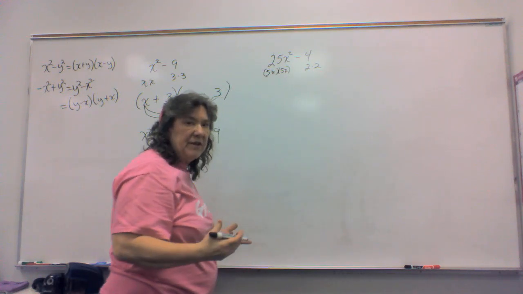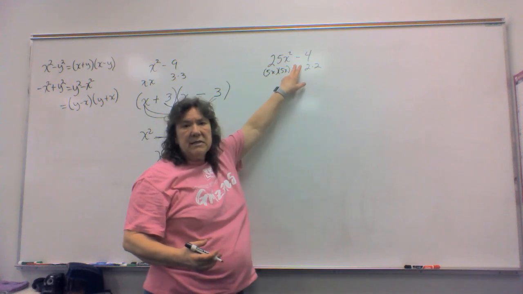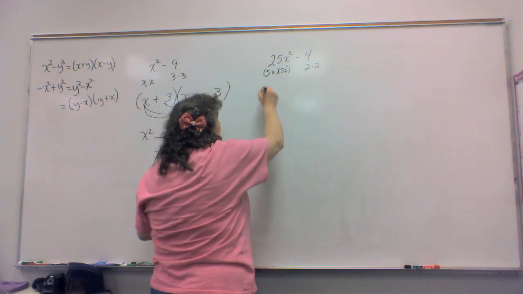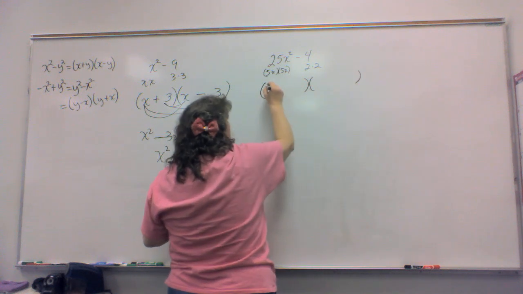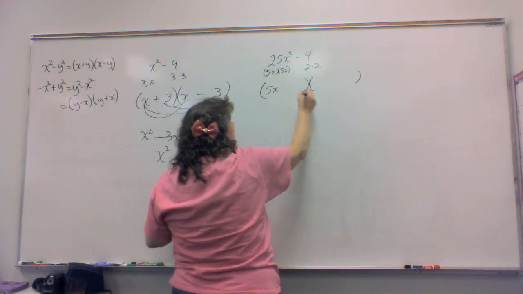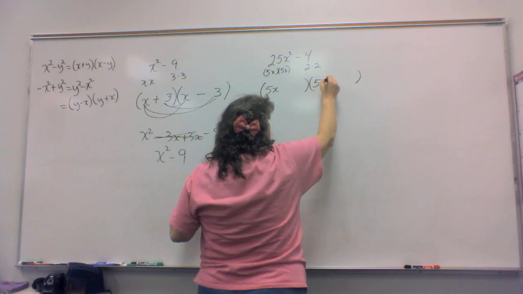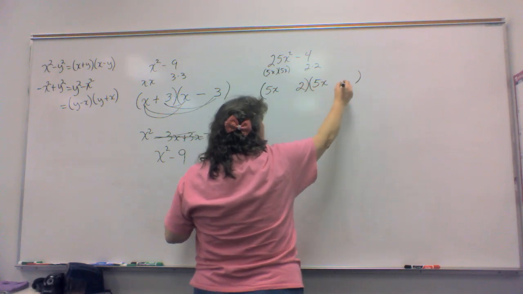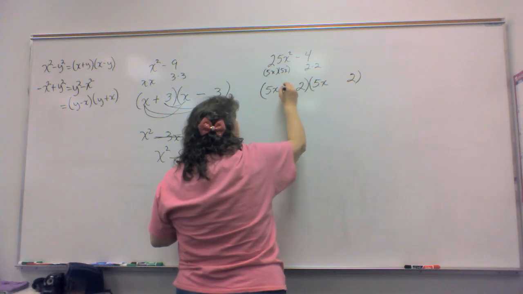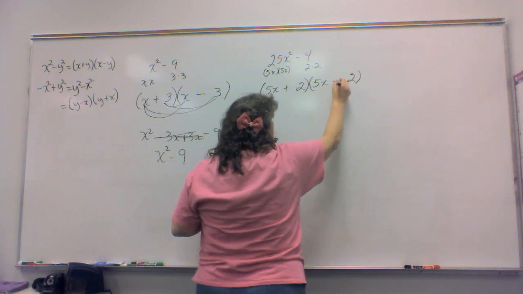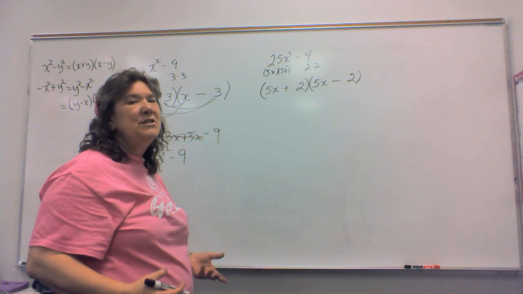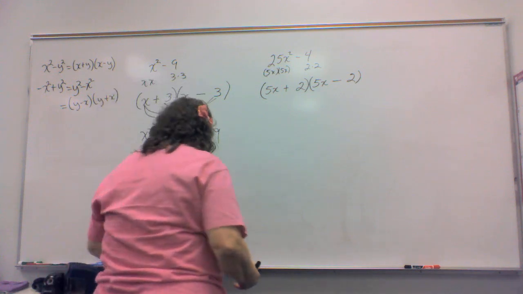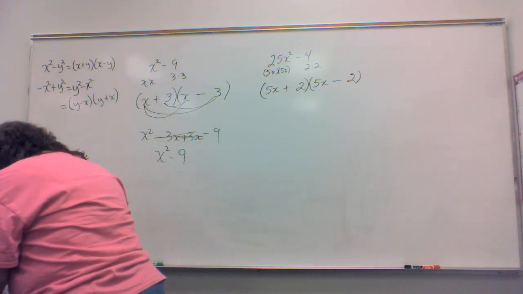Again, perfect squares with a minus in the middle. So, our two binomials, and you're going to have 5x and a 5x in the first position, a 2 and a 2, and a plus and a minus, and it is all factored. These difference of squares are the easiest ones of all to factor, I think.